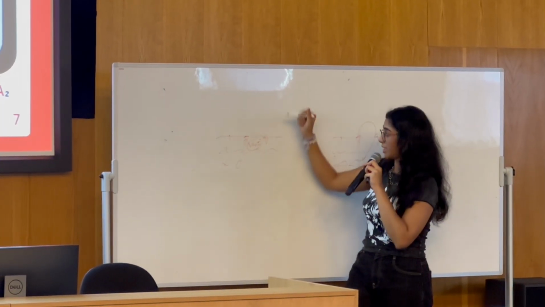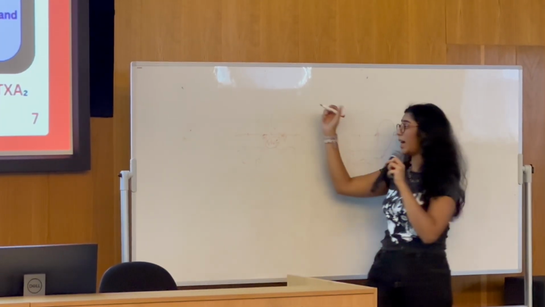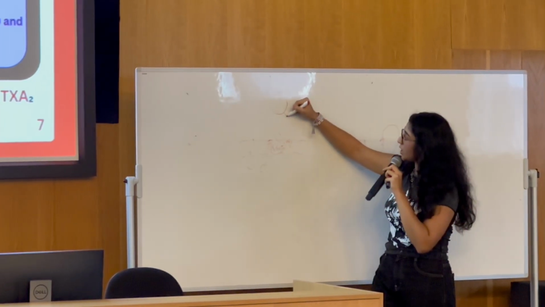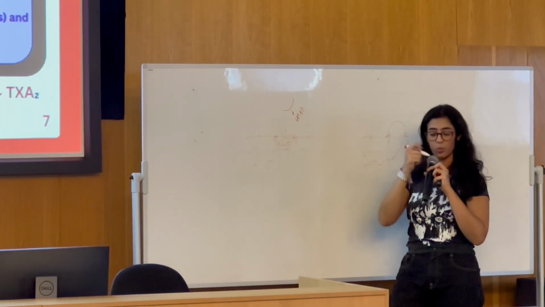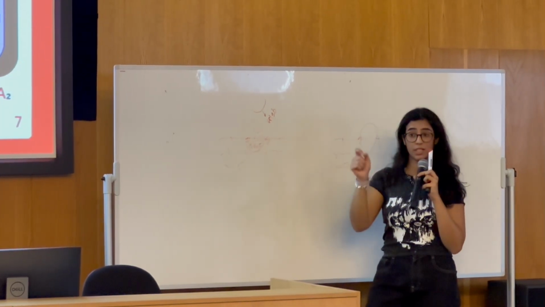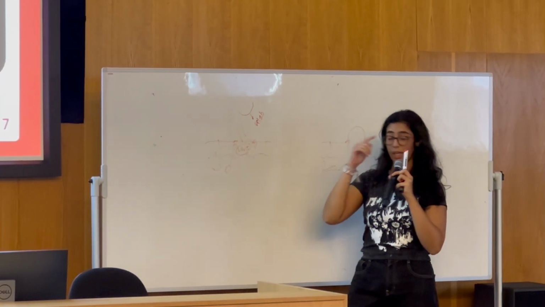What this does is attract the platelets that are around, and the platelets have a very specific receptor, which is called the GP1B receptor. And this von Willebrand factor connects to the GP1B receptor of the platelets and drags them down to the damaged endothelial lining.